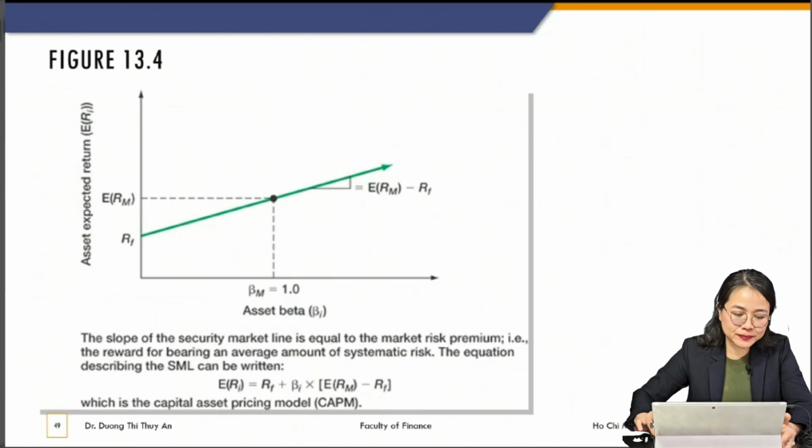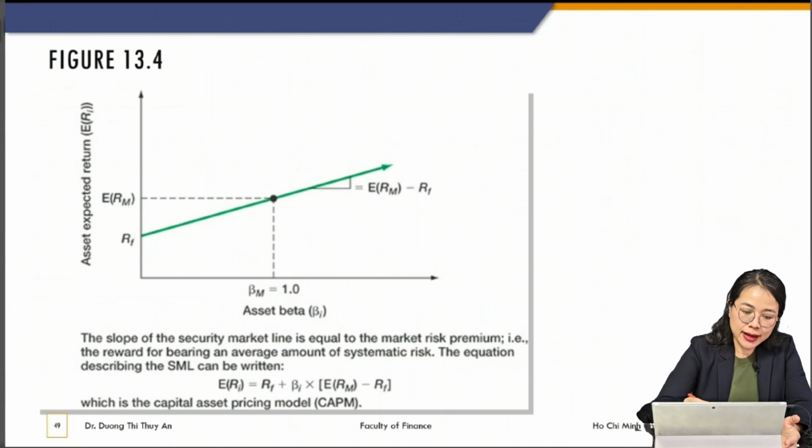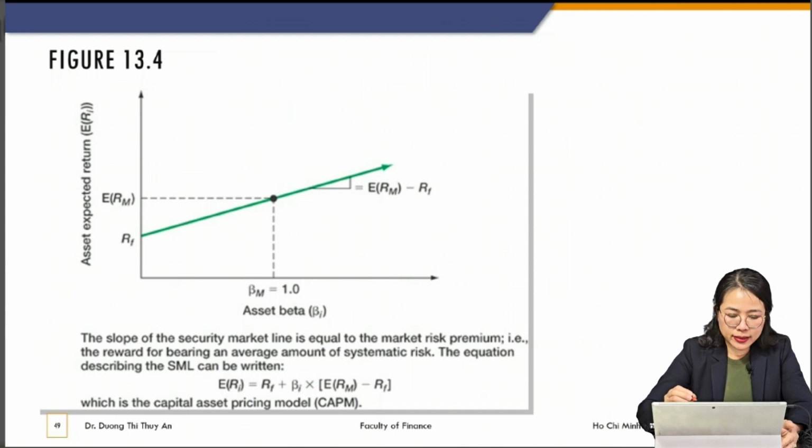Look at this figure 11.3. Now all the assets meet each other at one point, that is the equilibrium point. So this green line is what we call the security market line.